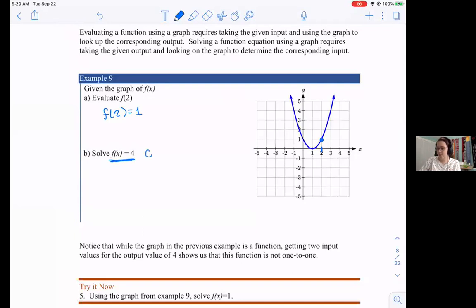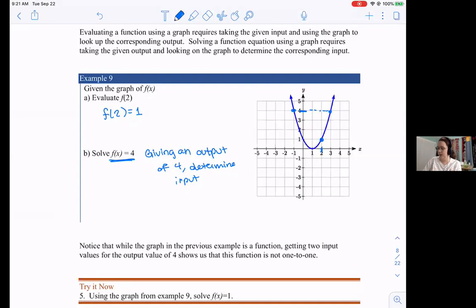Solve f of x equals 4. They're giving us the output is 4. And they're asking us to determine the input. So our output is 4. What's our input? We've got 2 answers here.